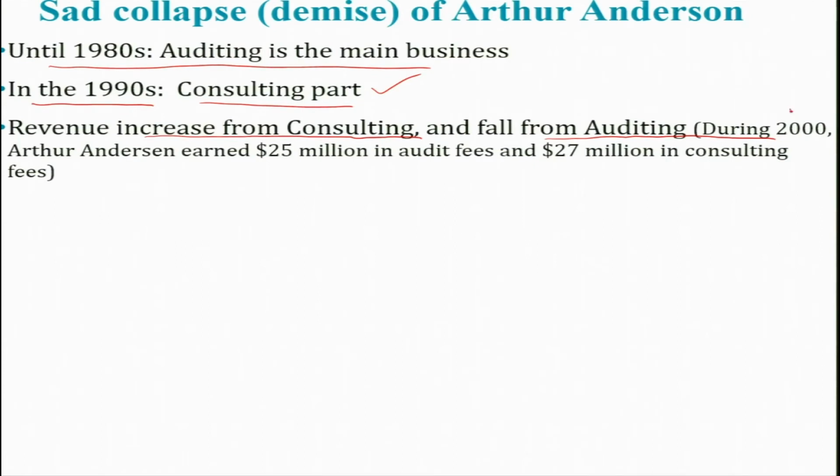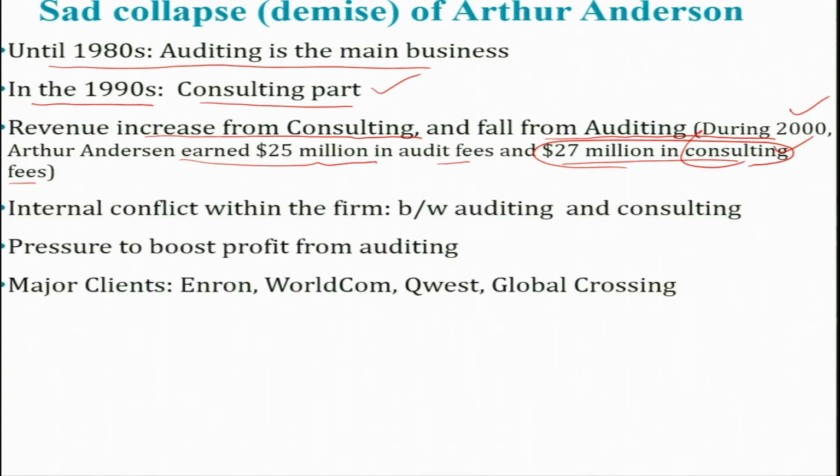For example, during 2000, Arthur Andersen earned 25 million in audit fees and 27 million in consulting fees, and especially its branch in Houston, where Enron is headquartered, started earning more and more from the consulting section.